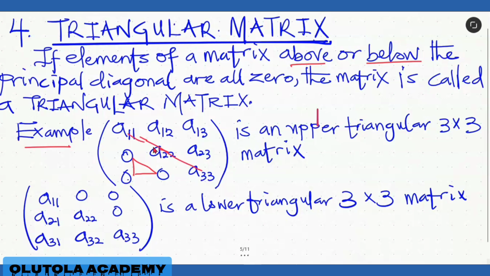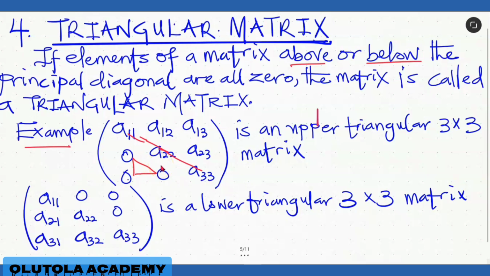So if the elements A12, A13, A23 are all 0, or those below, as in this case, you see it forms something like a triangle. So we can call that a triangular matrix.